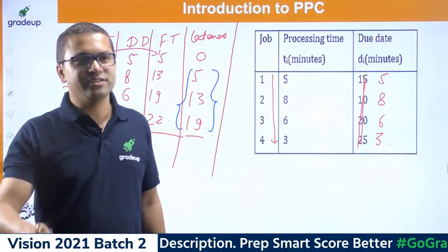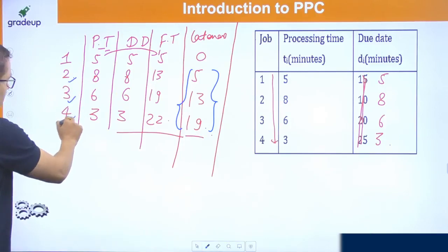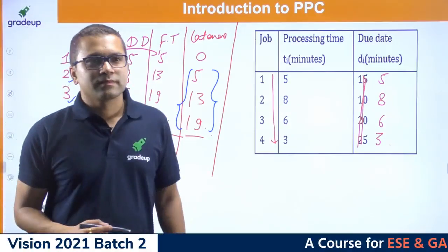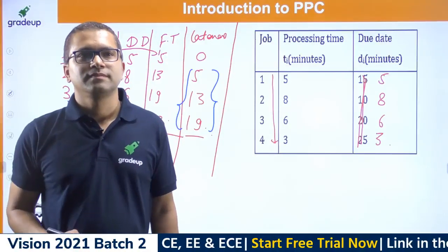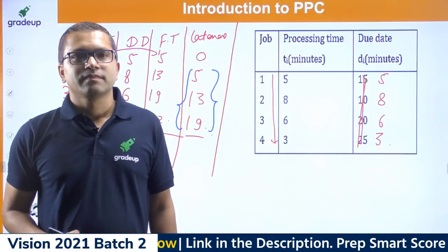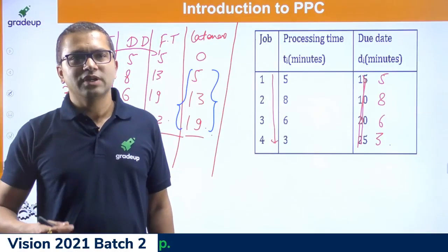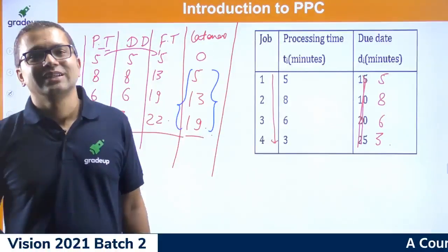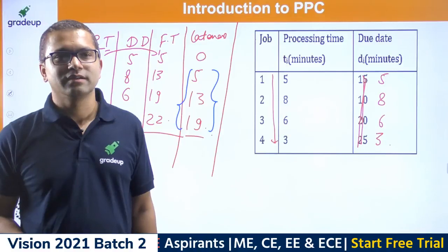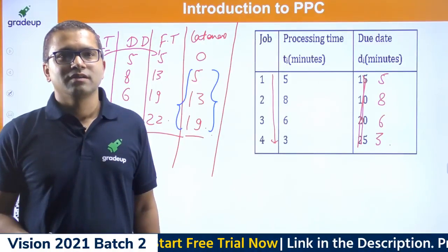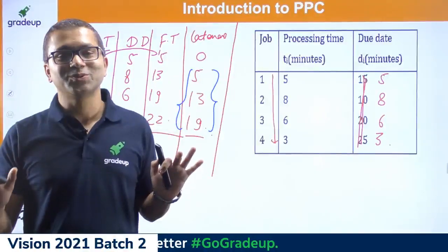Yes, Shubham, you are right. 3 jobs are late: the second, third, and fourth. Tardiness is also called lateness, okay, Surendra? Now, how many jobs are early? Tardiness and lateness are both the same.